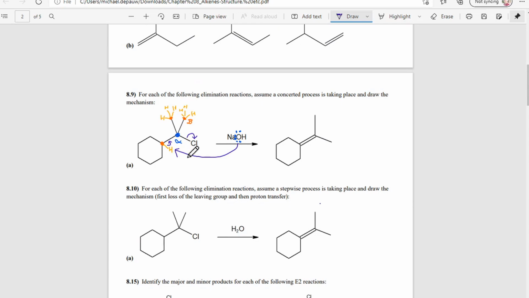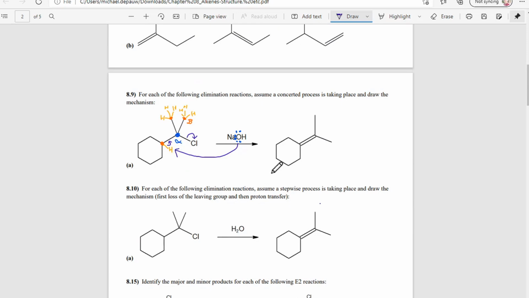Well, not necessarily. Because if we're looking at this from the perspective of this OH ripping off this hydrogen here, that would initially put the negative charge on this tertiary carbon. And tertiary carbanions have the opposite stability pattern of carbocations, which means that tertiary are the least stable.